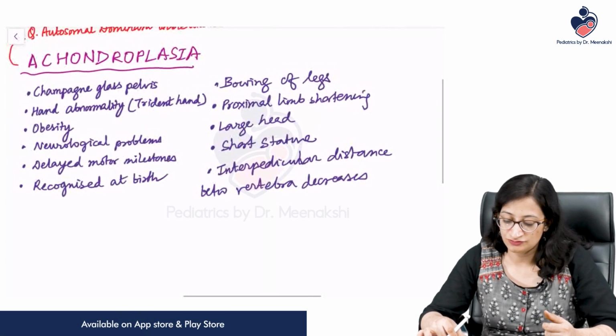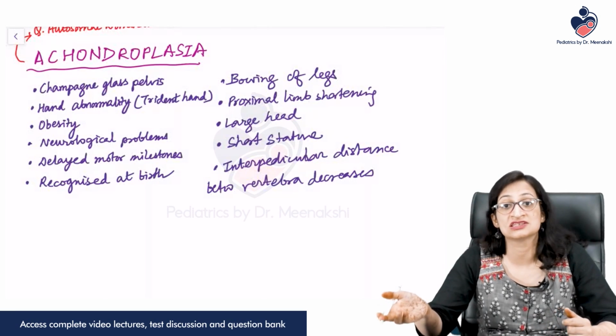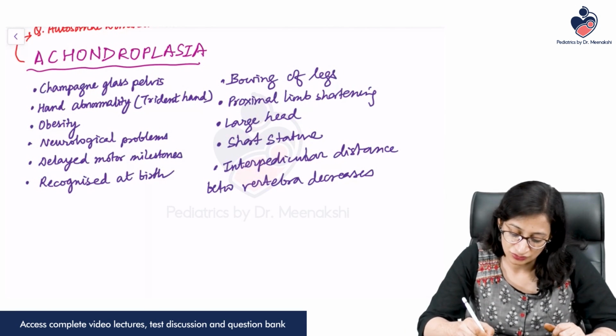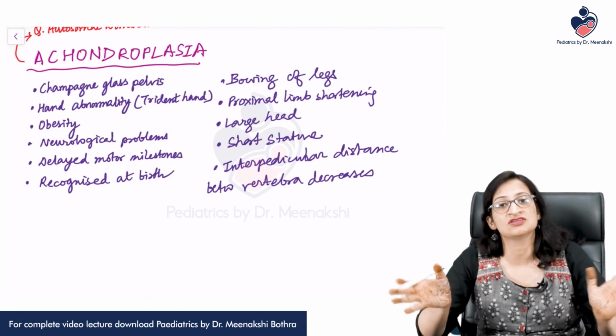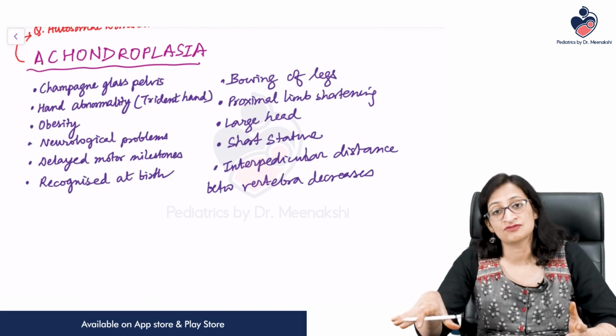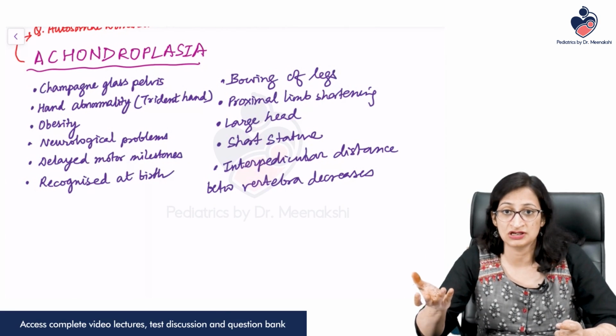So these important features of achondroplasia you can remember by the mnemonic achondroplasia itself. Let us see how. Remember, nothing is there with the A's except the autosomal dominant inheritance. But with all the other alphabets in the word achondroplasia, you have some clinical feature or some important finding.